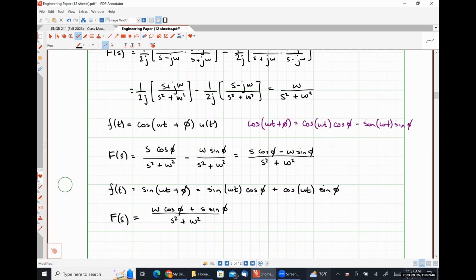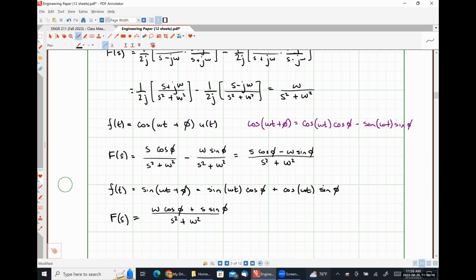So cosine omega t plus phi is a voltage or current signal in a sinusoidal circuit, where we're not really dealing with steady state sinusoid because we have this u of t here. But we have some background knowledge of how things should work, so if we apply a signal like this to an RLC circuit, we should understand what's going on.